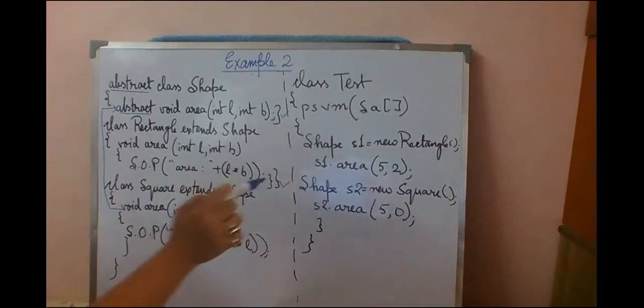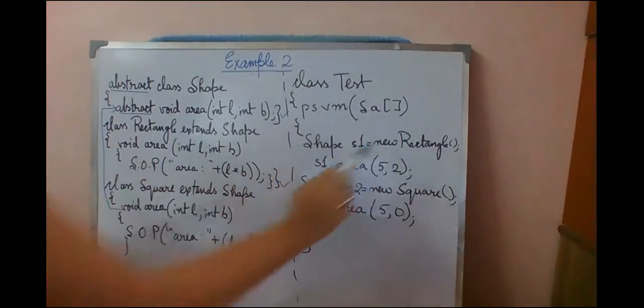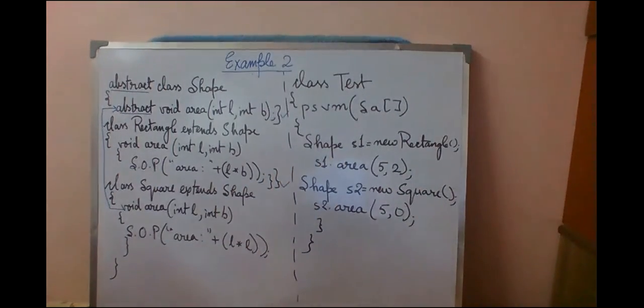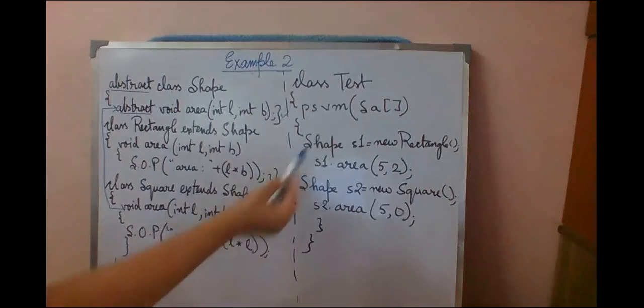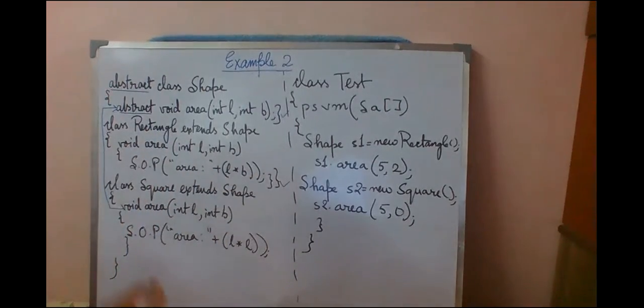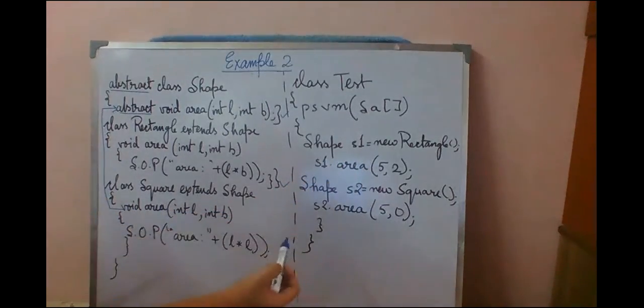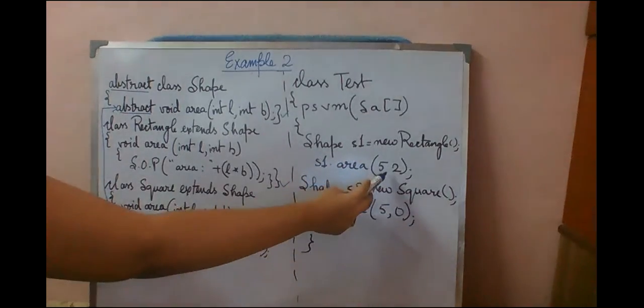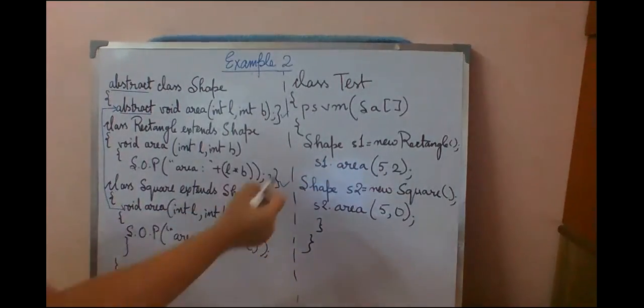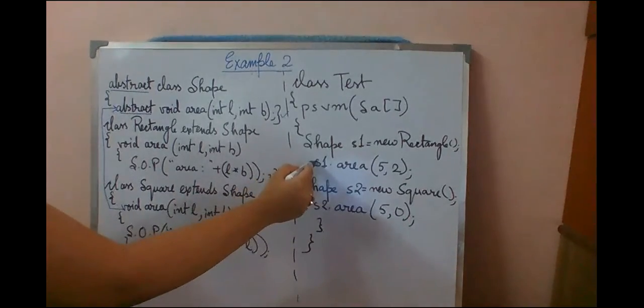Okay, so what we are doing here is Shape S1 equals new Rectangle. So we are creating an object S1 using the constructor of the Rectangle class, which has extended the abstract class Shape. And next, using that object, we are calling the area method by passing parameters 5, 2. So which area method will be called?